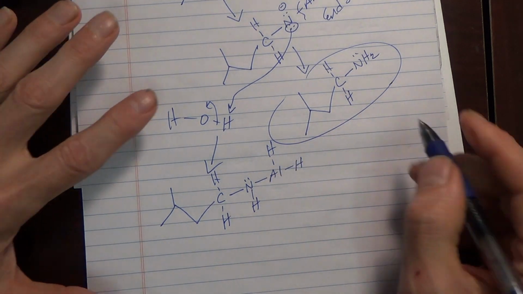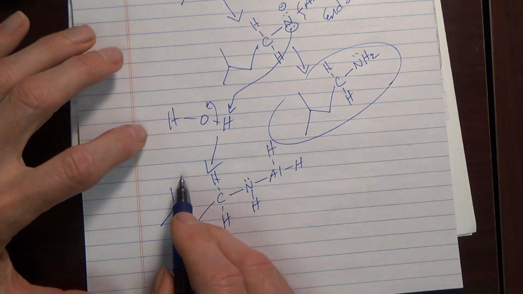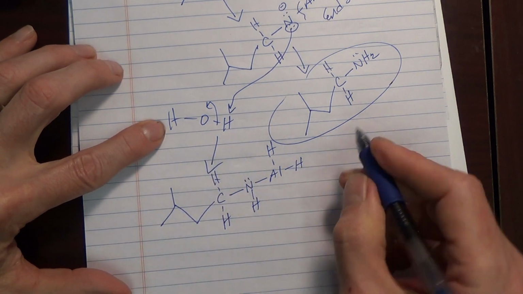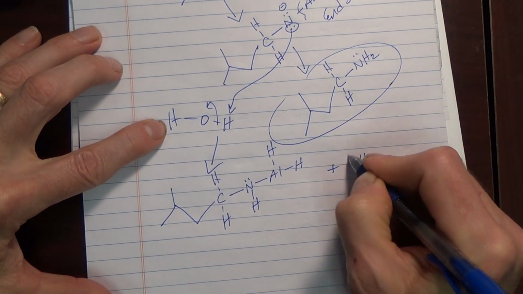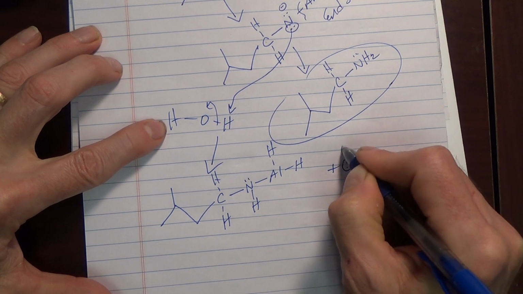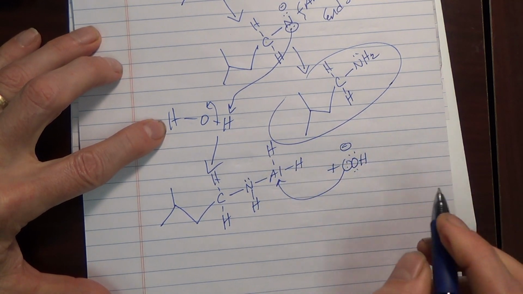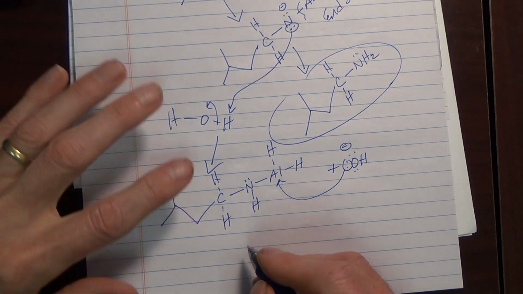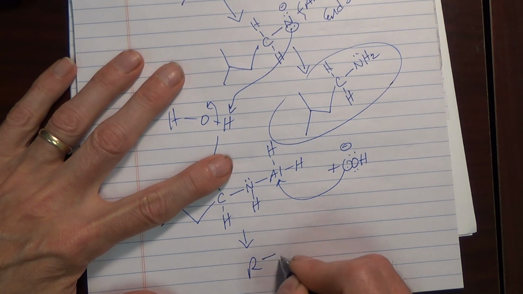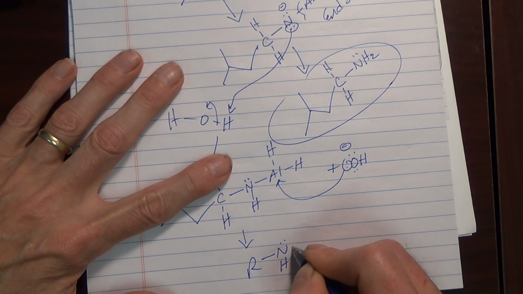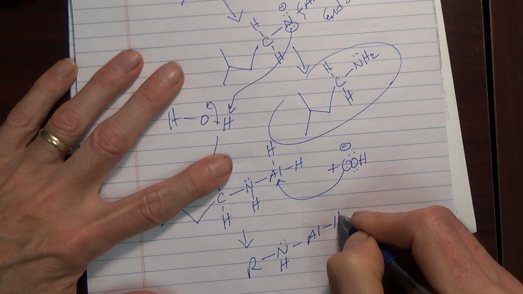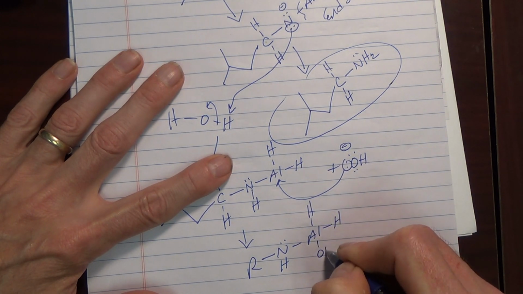The aluminum doesn't have an octet. Water or hydroxide. Okay, we formed hydroxide here. Hydroxide can add to the aluminum. I'm just going to call this RNH, aluminum, H, H, OH.